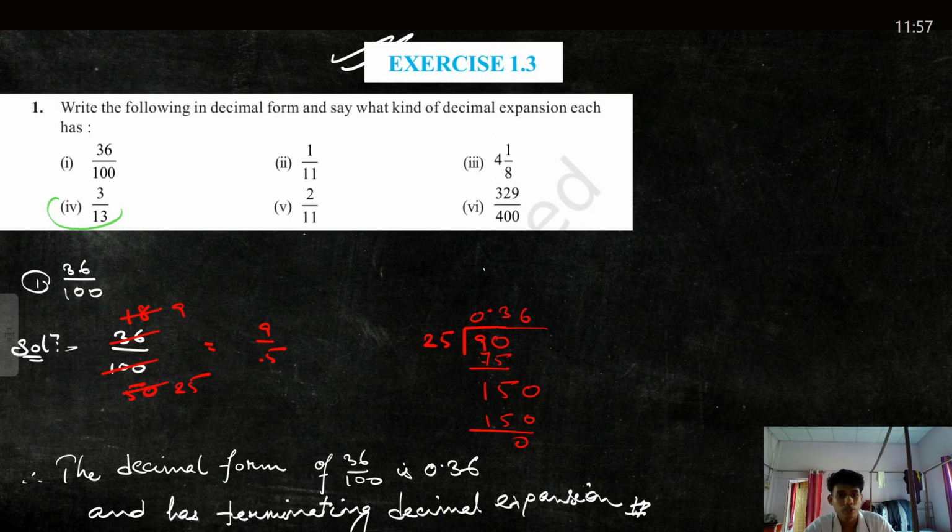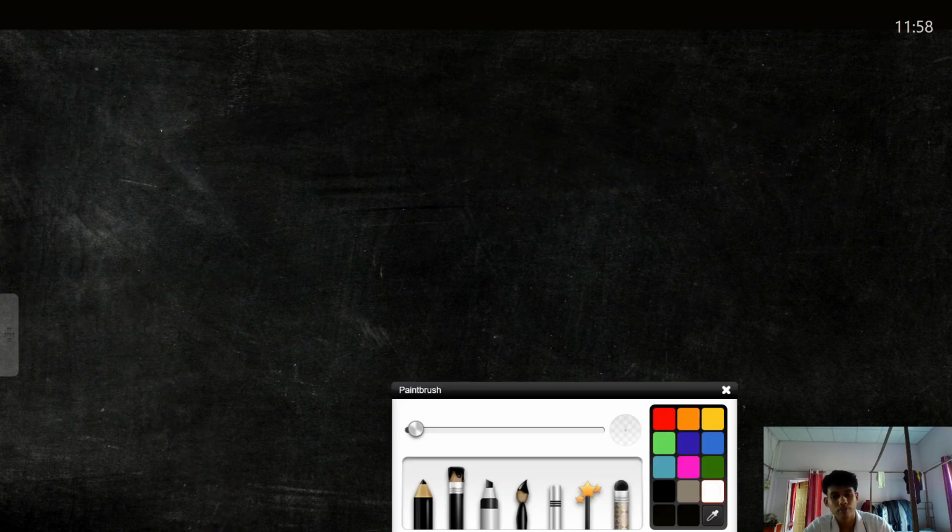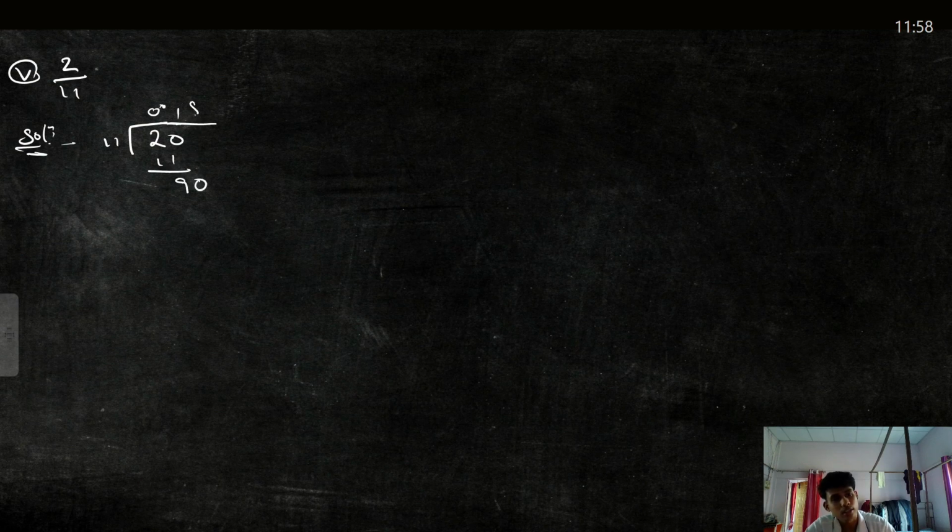Okay, now question number 5, 2 by 11. Again 0 point, we make it 20. 11 ones are 11. 20 minus 11 is 9. It becomes 90. 11 8 times is 88. Here remainder becomes 2.